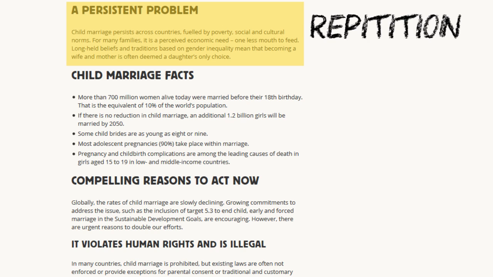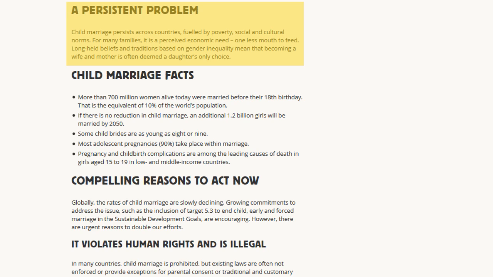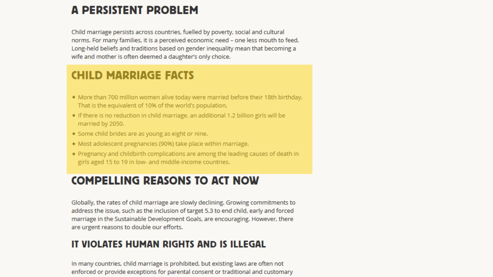But again, on behalf of the authors at girlsnotbrides.org, we see in this first boldface subtitle that the authors want to make sure that readers understand that this is something that is widespread. And we see the authors take a look at the sources: poverty, culture, child marriage facts.